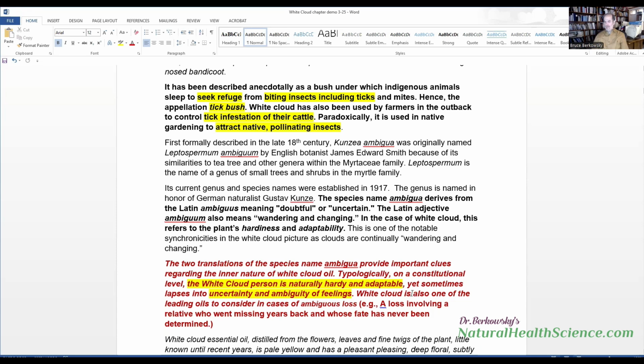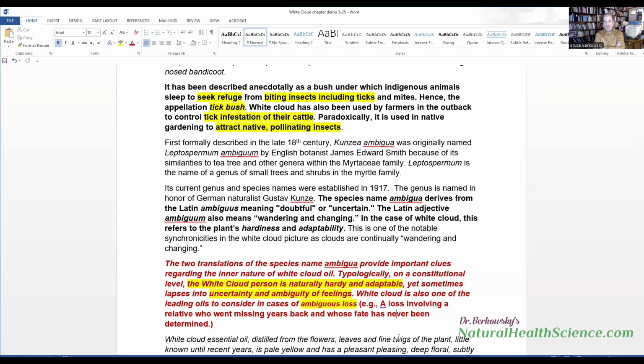So white cloud oil I consider to be one of the leading oils for cases of ambiguous loss. So let's give you an example of ambiguous loss.